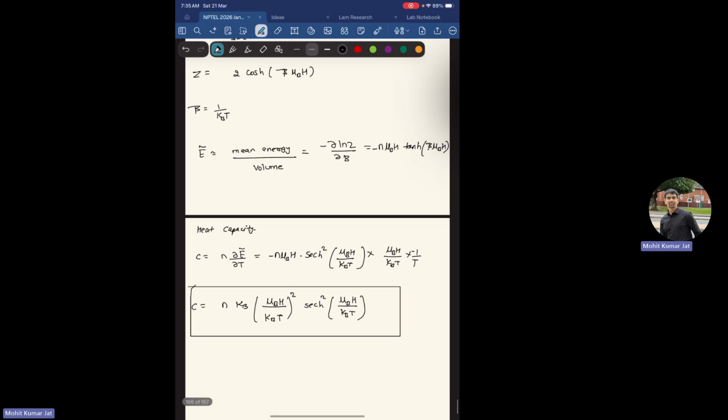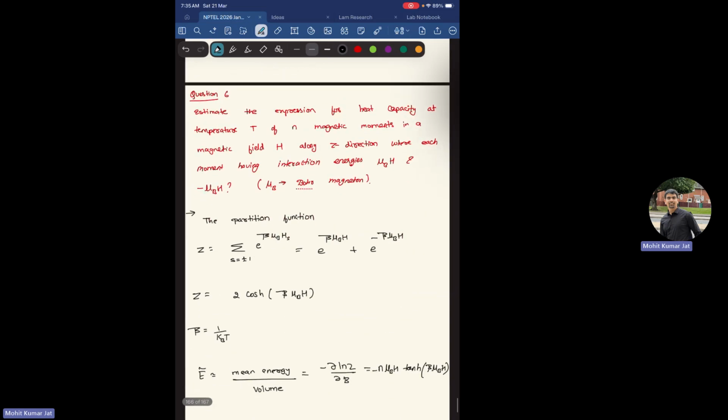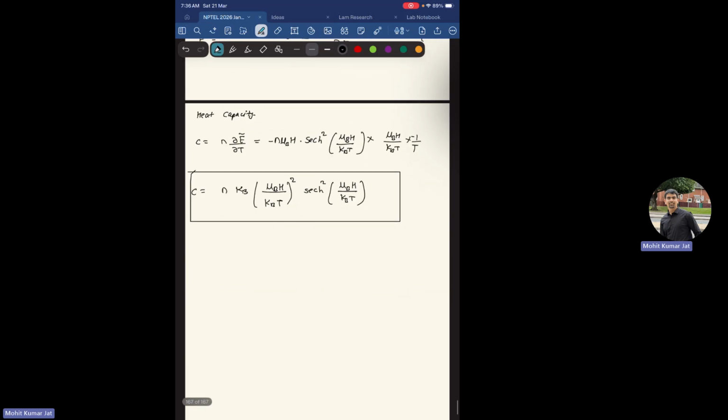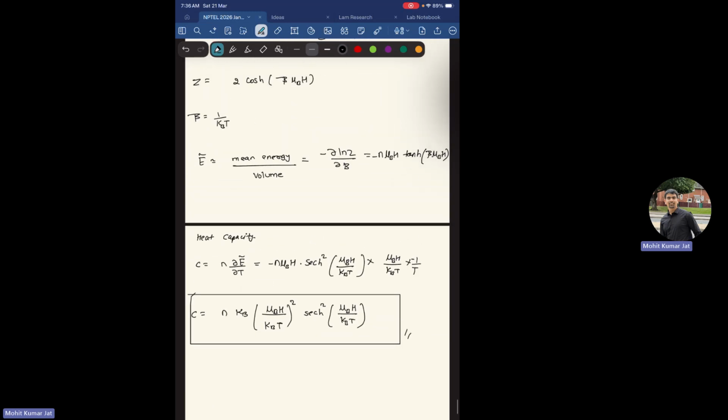Yeah. So given the energy expressions, like how the interaction energies are there, you first calculate the partition function. If you know the partition function, then you can estimate the mean energy per unit volume to be minus del ln Z by del beta. And if you take the temperature derivative of this energy, you will get the specific heat, and that's what we have derived in this expression.